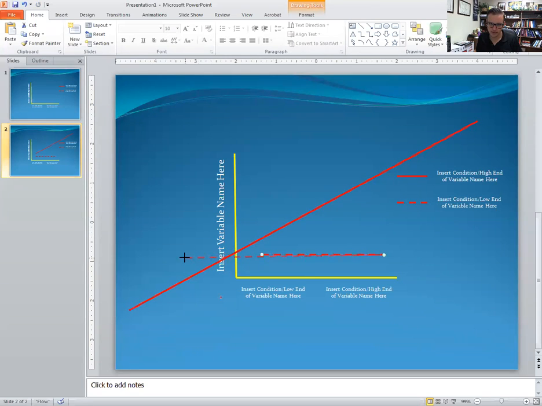Well, if we do that, the answer is yes. They would cross right here. That means we have an interaction here. So if the lines would cross at any time, you have an interaction.